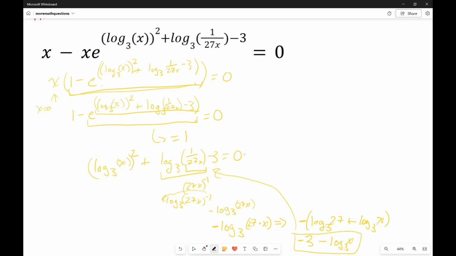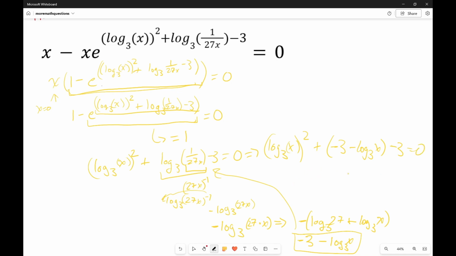We can now rewrite this entire equation as log base 3 of x, whole squared, plus (-3 minus log base 3 of x), minus 3 is equal to 0.